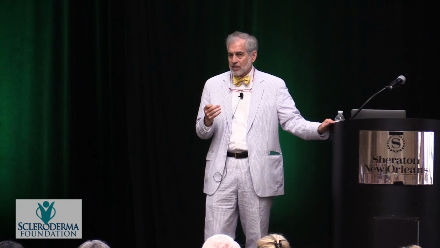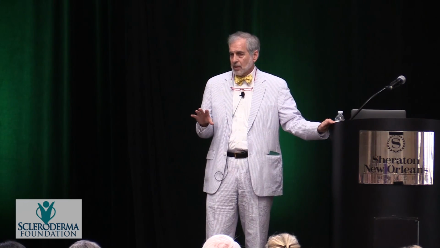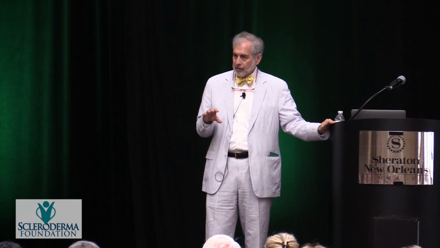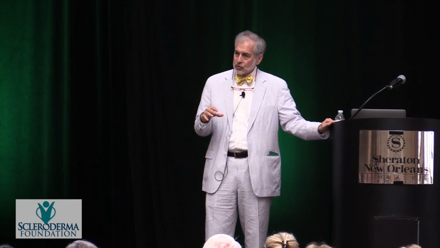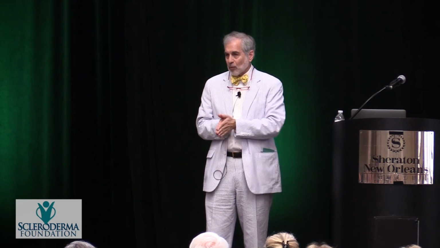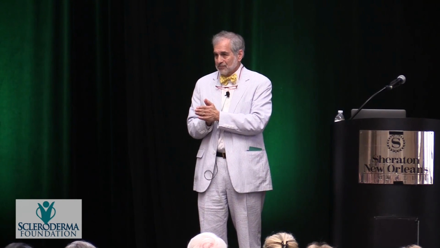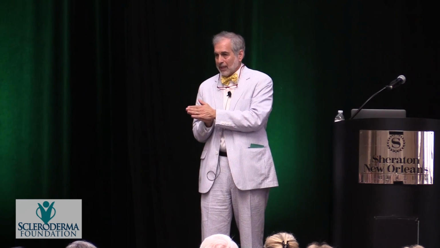I'll usually try something called Tessalon pearls, which helps some patients. But what I've found is that in patients who have severe pulmonary fibrosis and this chronic cough, the opioid medications are probably the most effective. And again, that's like walking a tightrope, because you don't want to depress your respiration with an opioid medication.